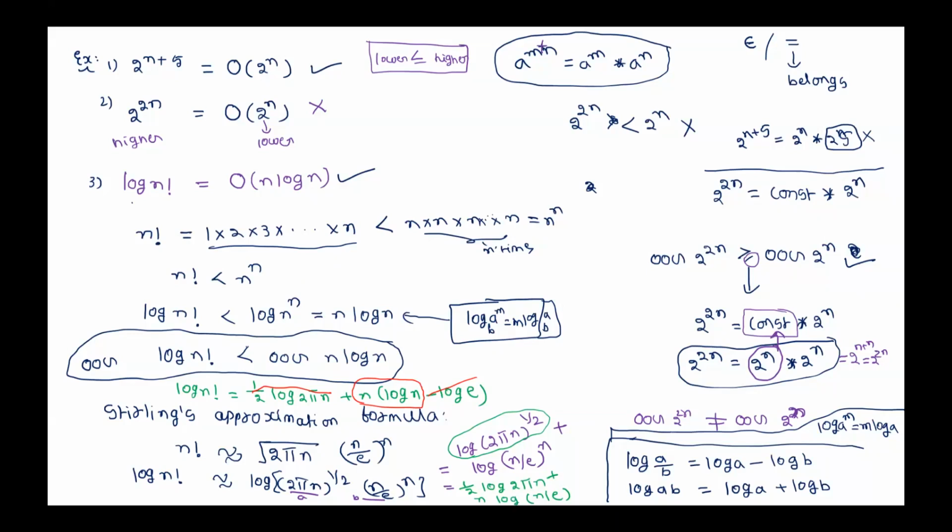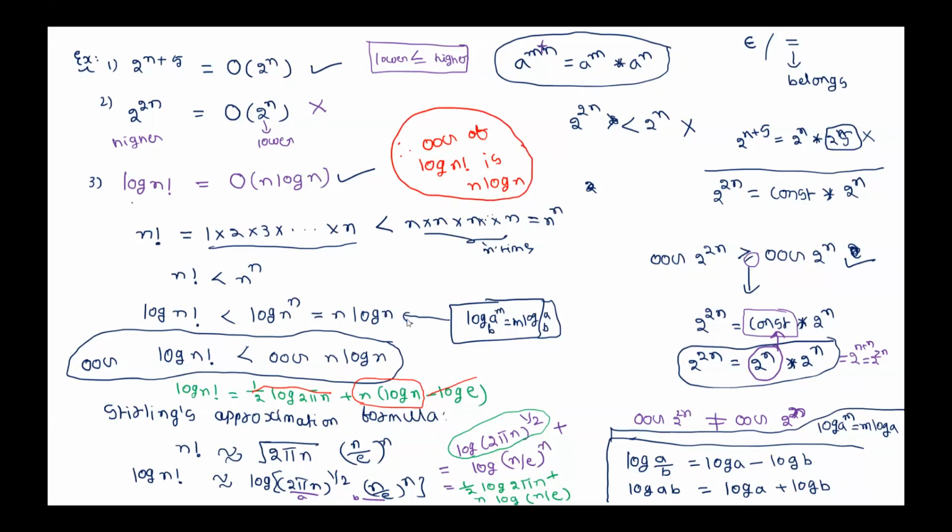Therefore, the order of growth of log n factorial is n log n. If we know this, we can play with these notations later.